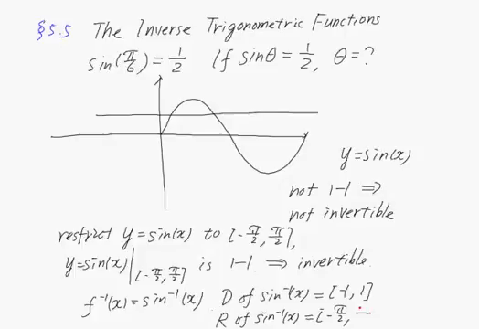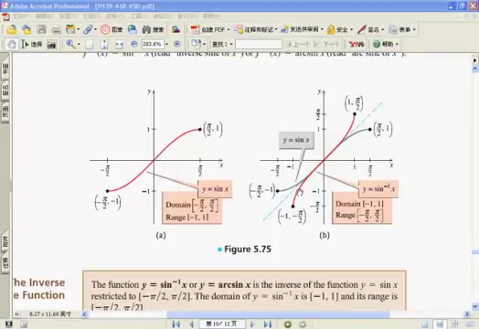From -π/2 to π/2. And we know the graph of the inverse function is the reflection of the graph of the original function about the line y equal to x. Let's look at the graphs of the restricted function, the original sine function, and the inverse sine function. This green one is the graph of the original restricted sine function.